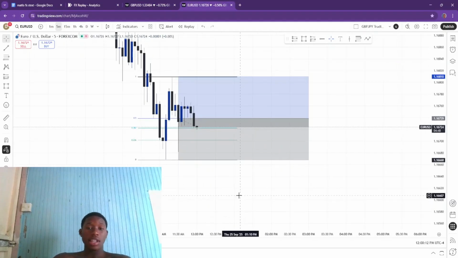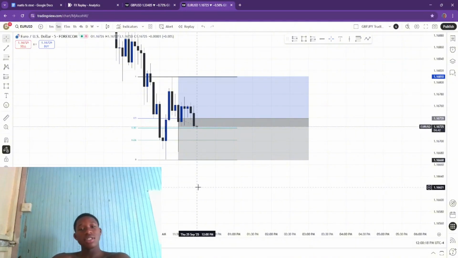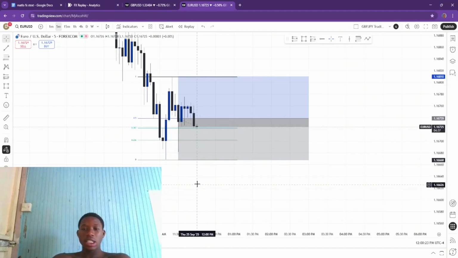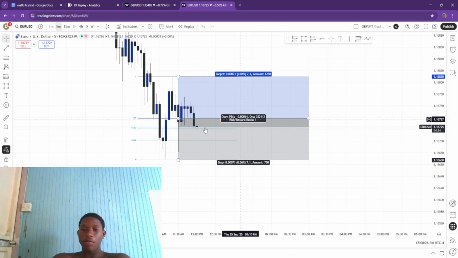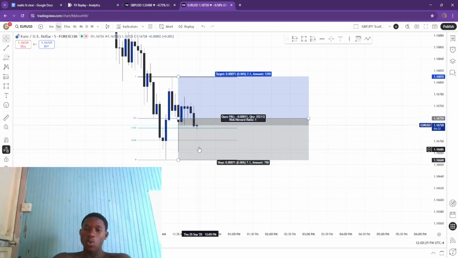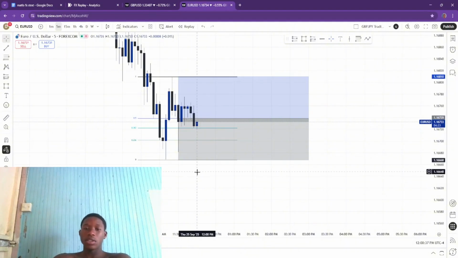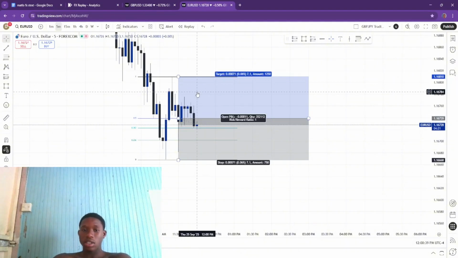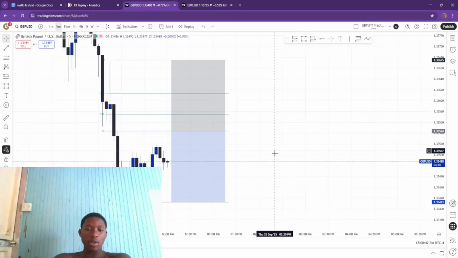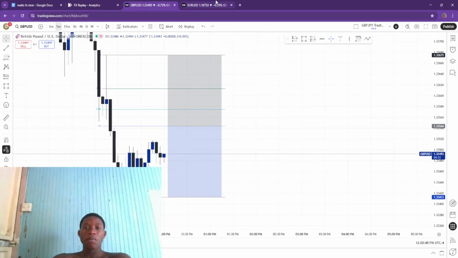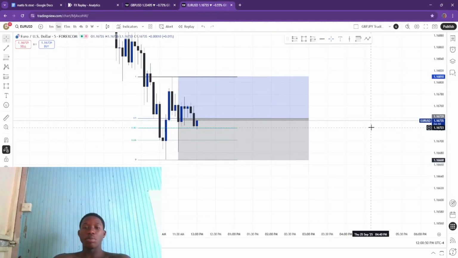I will let you all know what's going on with that trade, whether it wins or loses, by 3 o'clock. By 3 o'clock, we automatically close that trade, whether it's a win or loss, if it hits TP or our stop loss, because that's just the rules. But GBP USD, we didn't take that trade because after 12, we take no trades. So we're just waiting for Euro USD to play out.